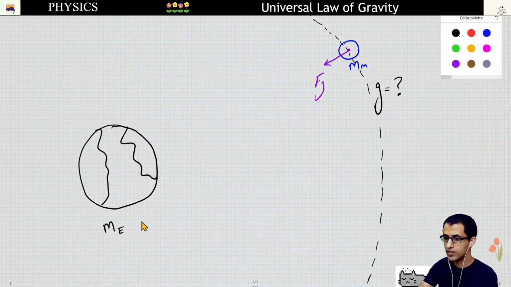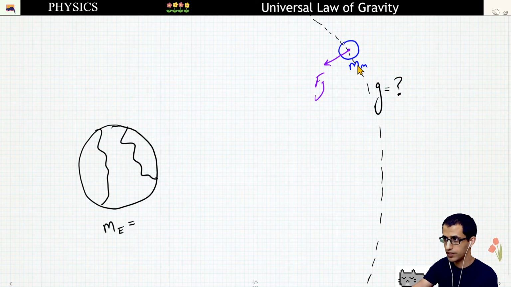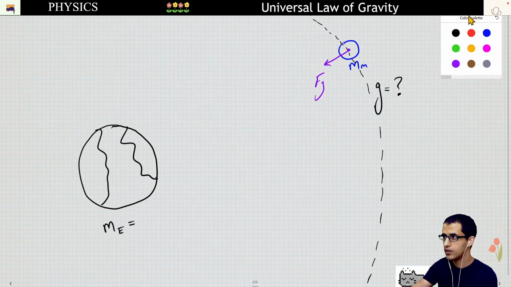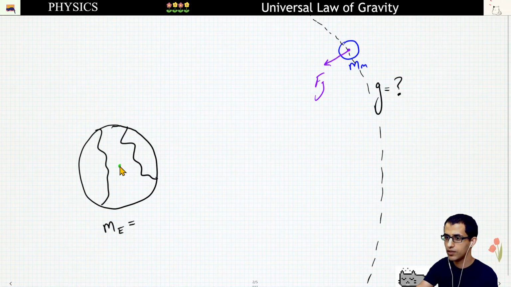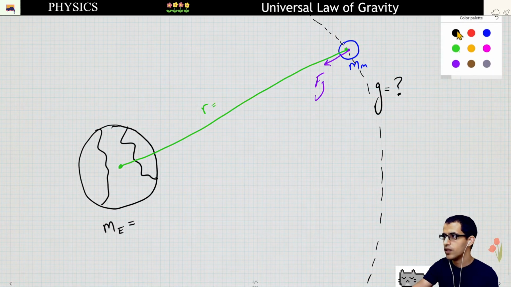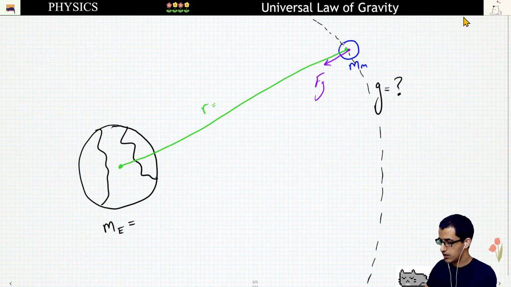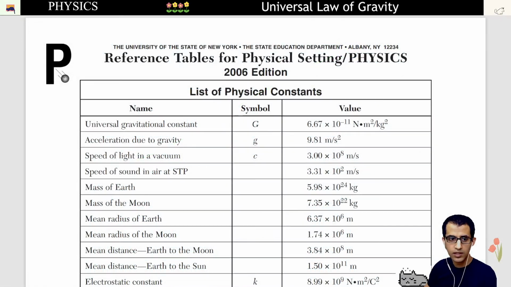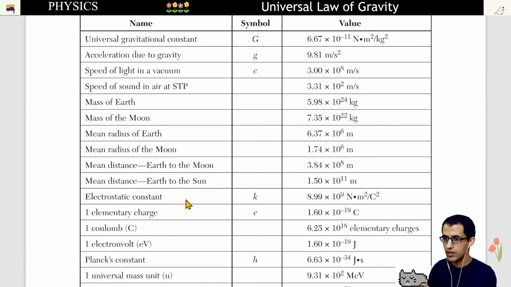Well, we need to know the mass of the Earth, because that's going to affect how much gravity we have here. We also need to know the distance from the Earth all the way out to the moon, to that black dotted line. So this r value is also needed. We can look up these values on the reference table. The mass of the Earth is 5.98 times 10 to the 24th.